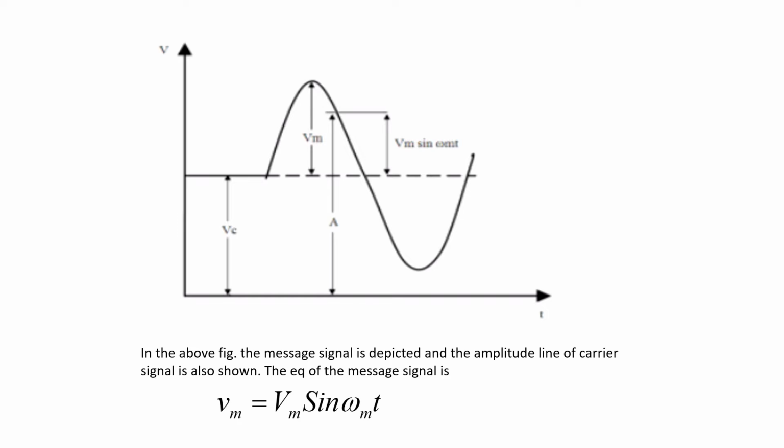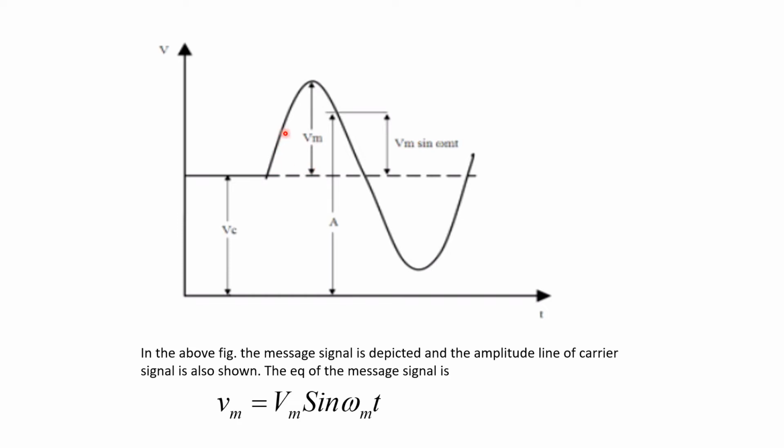In the present diagram, the carrier wave amplitude Vc is depicted, and over the amplitude of the carrier wave, the envelope of the modulating signal or the message signal is shown. As we can see in the diagram, Vc is the amplitude of the carrier wave, and upon that carrier wave is superimposed the message signal, whose amplitude is Vm.